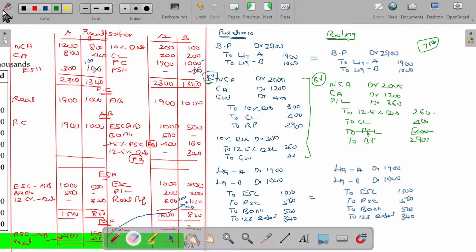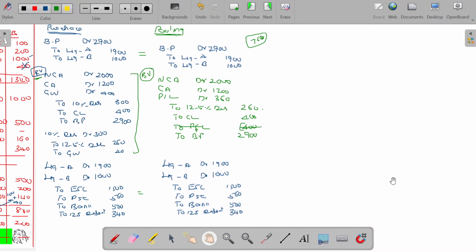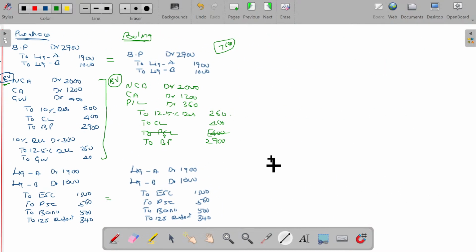Shall I solve this? Can I go for the balance sheet? Okay. So in case of balance sheet, first we'll start with the purchase method.